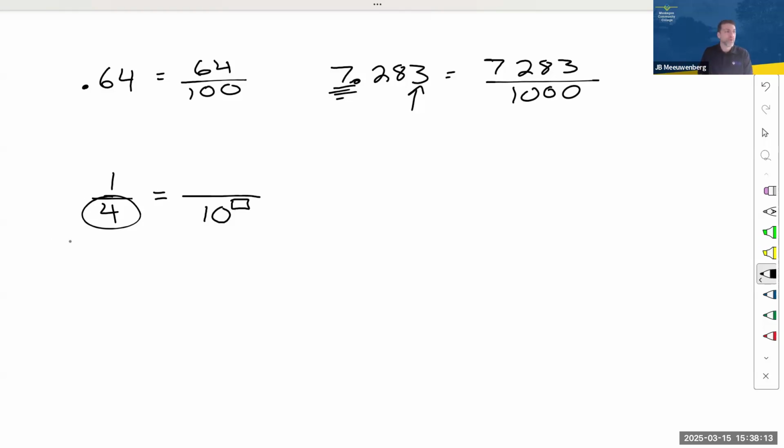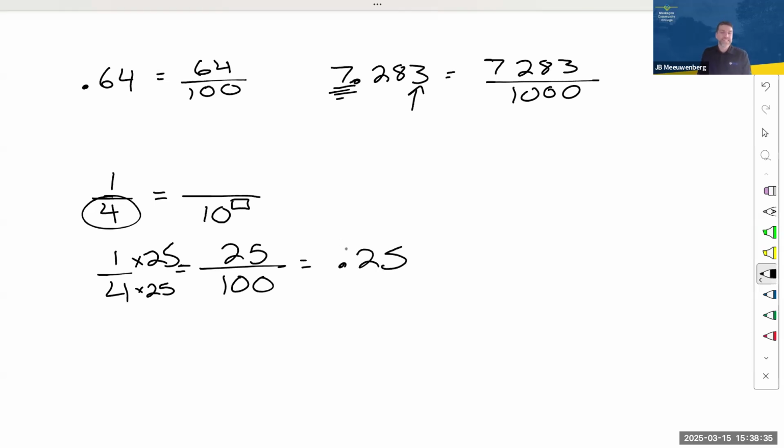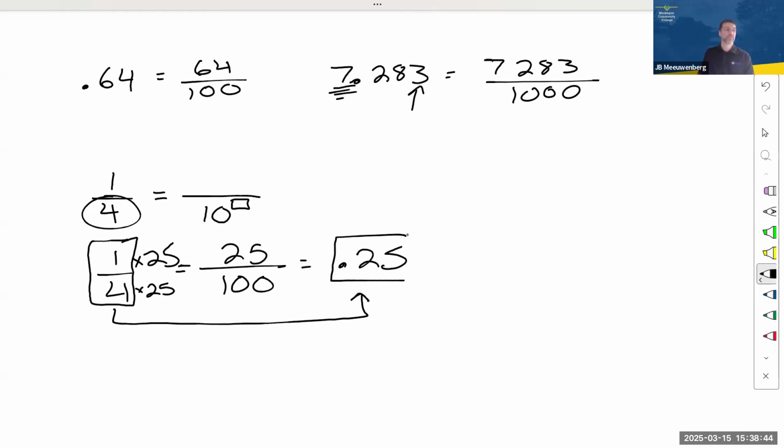If you think about that, you might find that if you multiply 4 by the number 25, it gives you 100. And so the numerator would also get multiplied by 25, and we get 25 over 100, which is 0.25. So that's a convenient way for us to look at a rational number like 1/4 and change it into a decimal number like 0.25 or 25 hundredths.